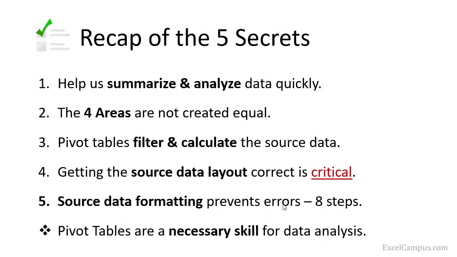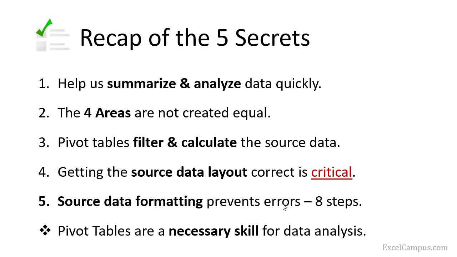So here's a quick recap of the 5 secrets. First is that pivot tables help us summarize and analyze our data quickly. We looked at the 4 areas and how they're not all created equal. I'll send you out that cheat sheet. We also looked at how pivot tables filter and calculate the source data. And this is critical for understanding how pivot tables work and then getting your source data in the correct layout.